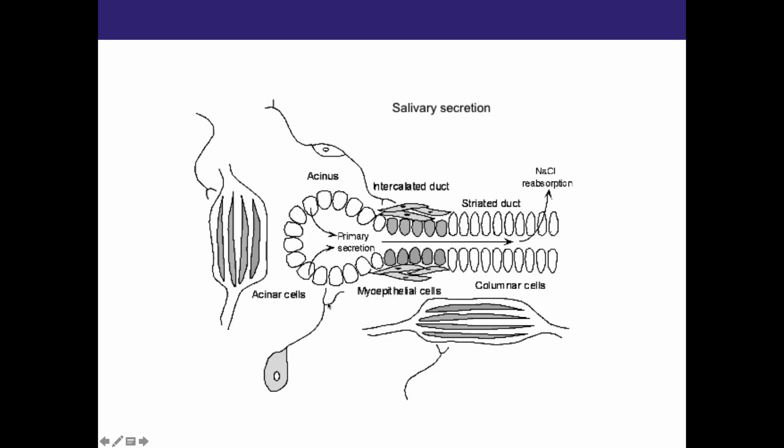You can see there's innervation to the capillary beds, but also to the acinar cells and these myoepithelial cells. And what's cool is that both the sympathetic and the parasympathetic nervous systems increase salivary secretions. It's one of the only organs stimulated by both the sympathetic and the parasympathetic.